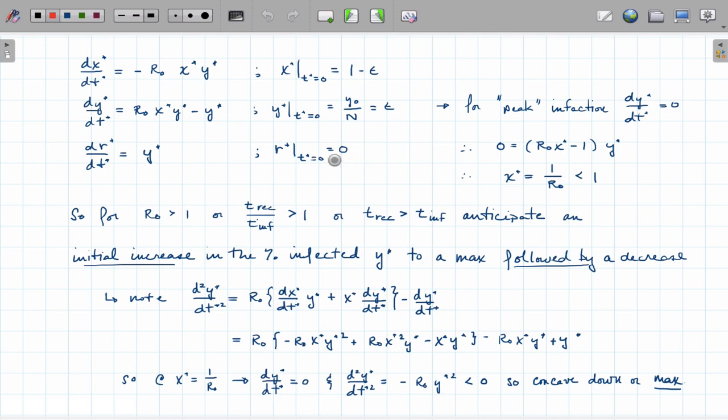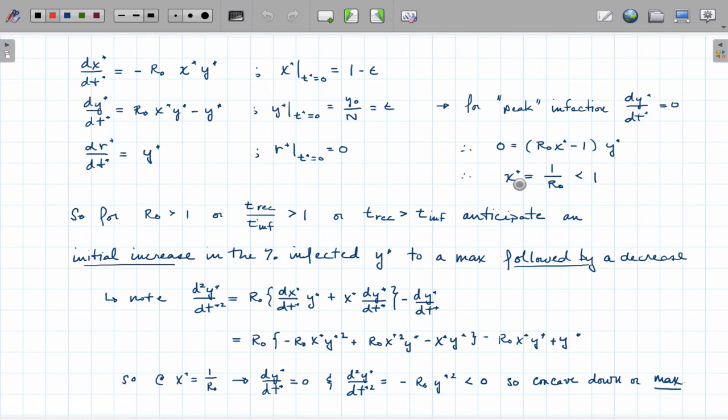We can also see that dy star dt star is going to have a 0 derivative, or that y star would peak, whenever we have R0 times x star minus 1, quantity, times y star equal to 0. So wherever the derivative vanishes, y star, the function, is going to possibly peak.